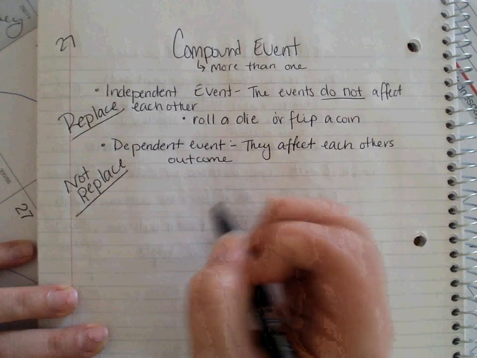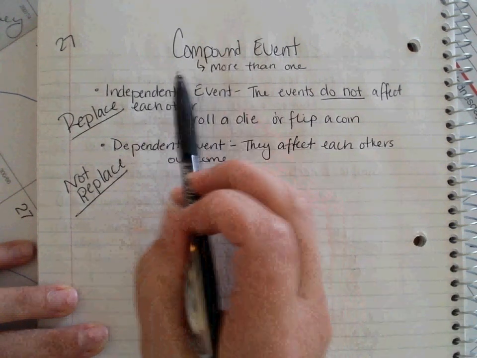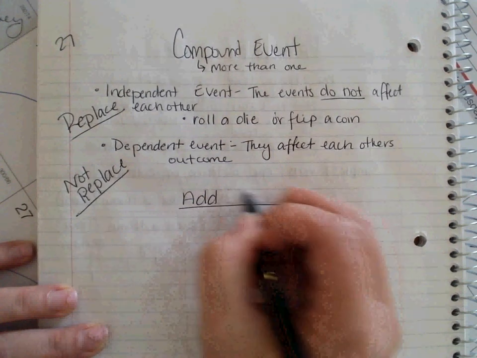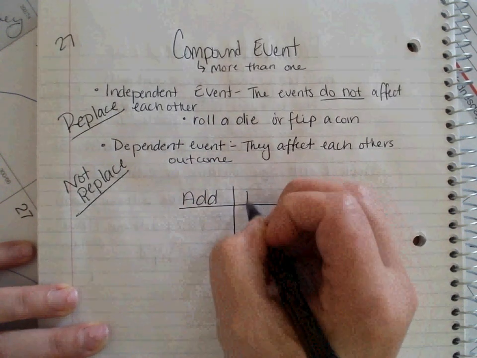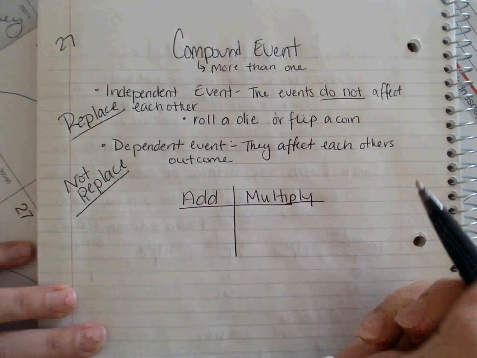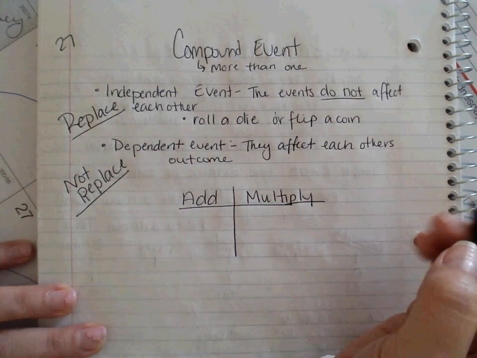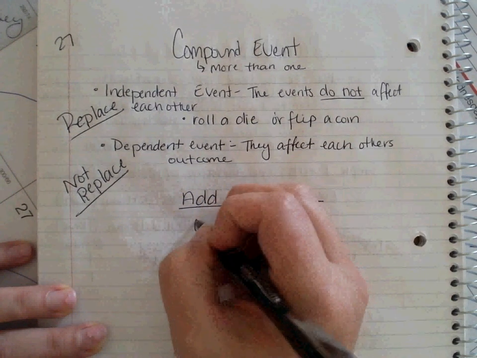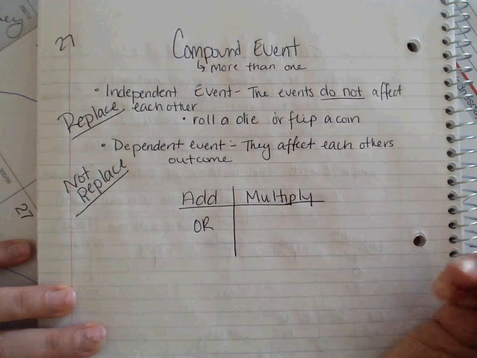There are two different things that we do with probability. When we have more than one event going on, we can either add or we can multiply. We're not really going to subtract or divide. Words that tell you to add your outcomes together is the word or.